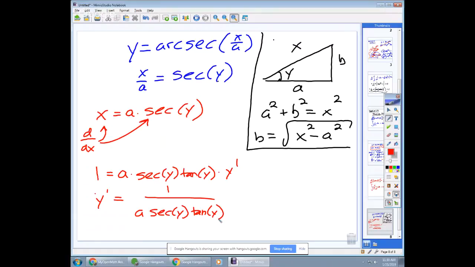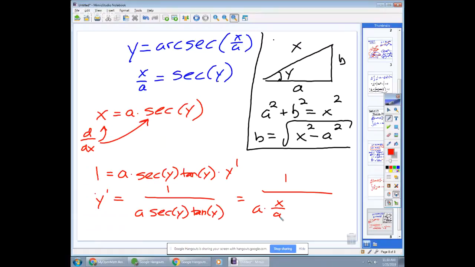Now we just have to look at the triangle, you okay? Yeah. Okay, and figure out what the secant of y is and the tangent of y is according to the equation. So secant is going to be hypotenuse over adjacent. So I'm going to have 1 over a times x over a. That's the secant.